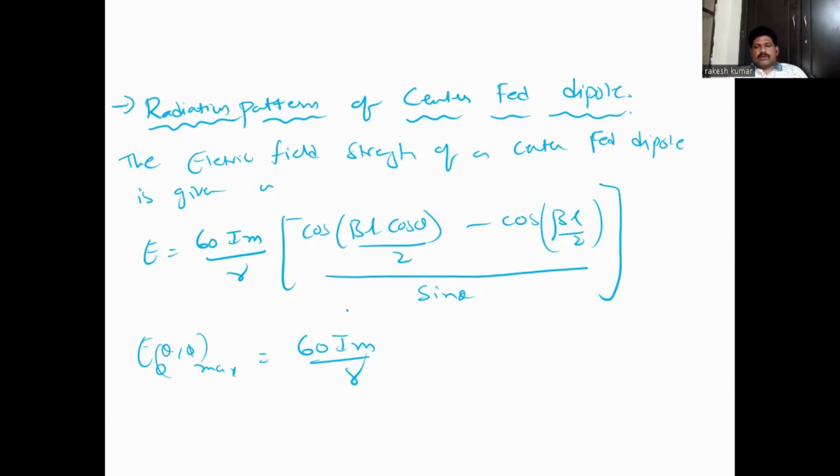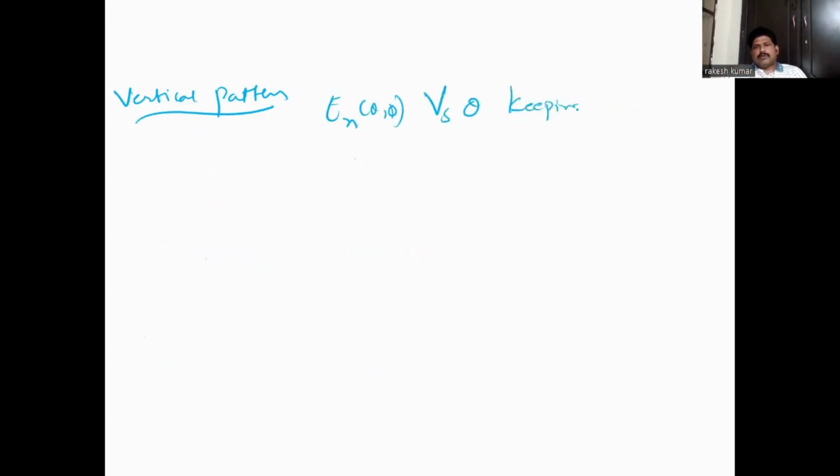Now what is the expression for a vertical pattern? Vertical pattern means it is the graph between normalized field strength versus theta, keeping phi as constant.